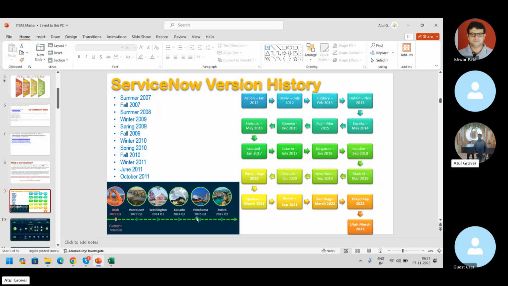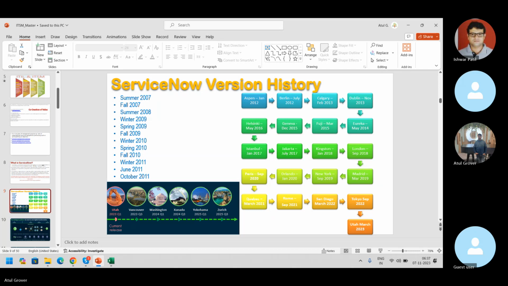And ServiceNow provides N-2 support. So now we have Vancouver, and they provide support down to Tokyo. So they can support you on Vancouver, Utah, and Tokyo releases. But if you are still on San Diego, they will not support you 100%. They will say that in case you are facing some security challenges, we are not much responsible because we are on the latest release where we fixed a lot of new things from the security perspective.